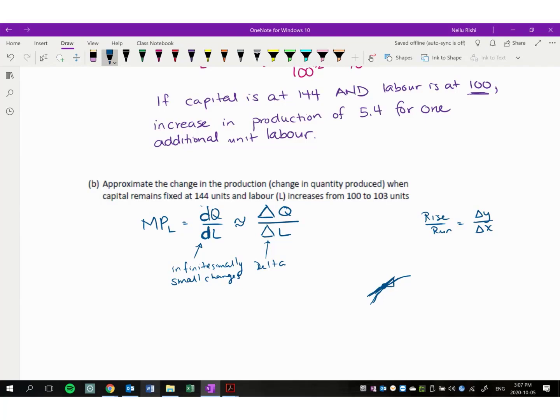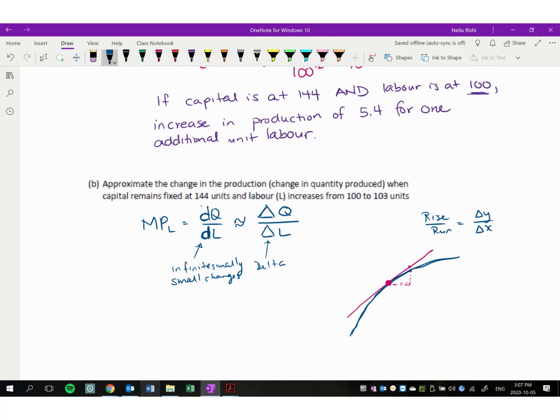Here's a function. Here's my slope line. So you could see over here, if I were to look at 1 unit of change, using that slope line, I would have a value up here. That would be the estimated change, whereas the real change is somewhere here. So it's not exact, but it gives a really good approximation. It's a very good estimate of what that change is.